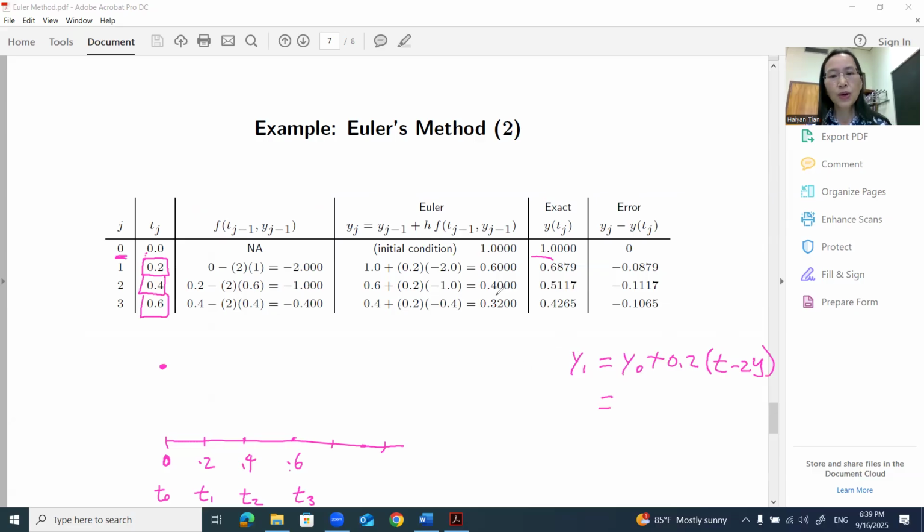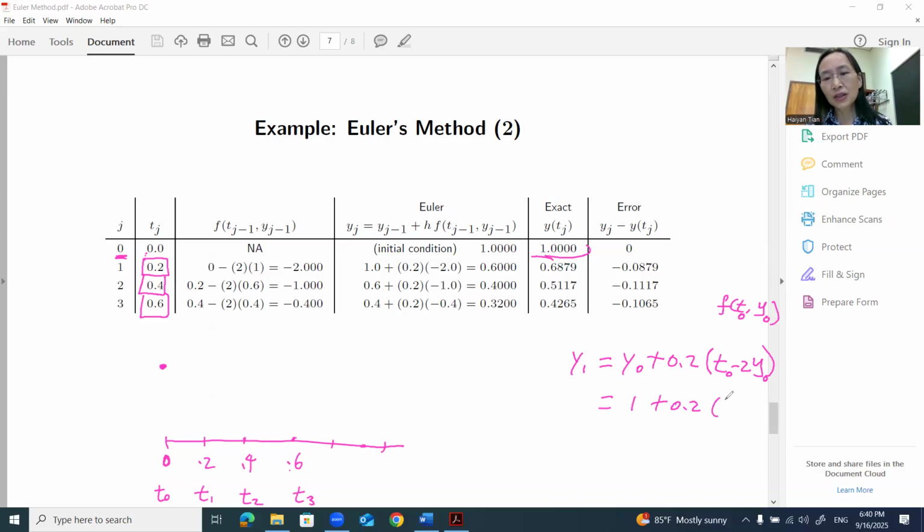And Y0, we know Y0 is 1, so we can put a 1 here and 0.2. Now to calculate Y1, we use T naught, Y naught for this function. So this is our function of T, Y at this node.